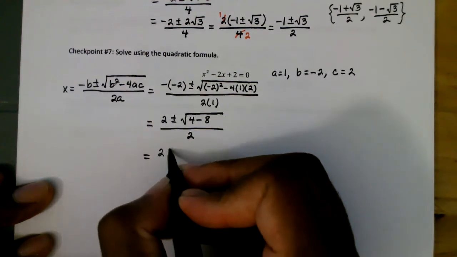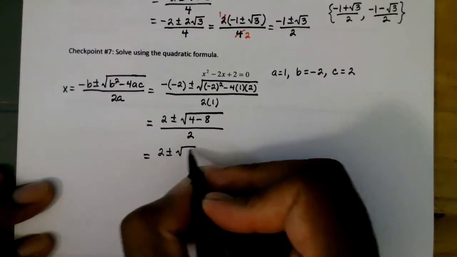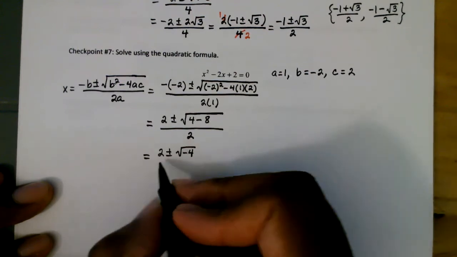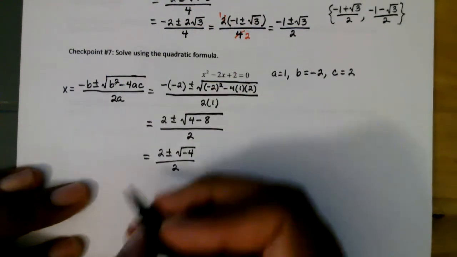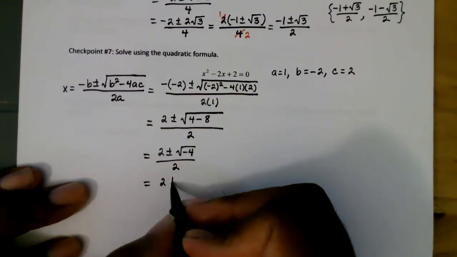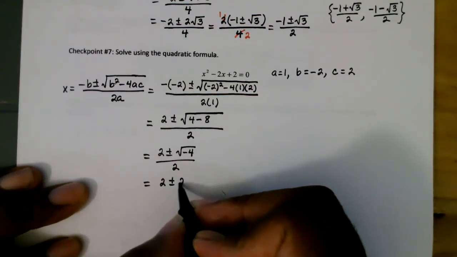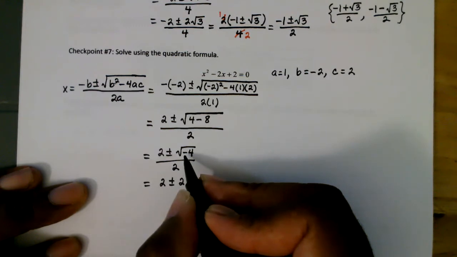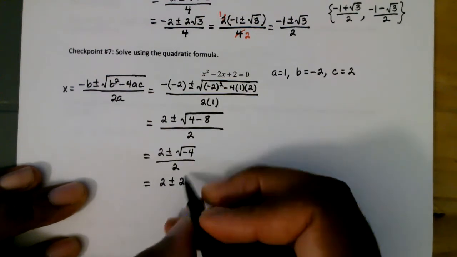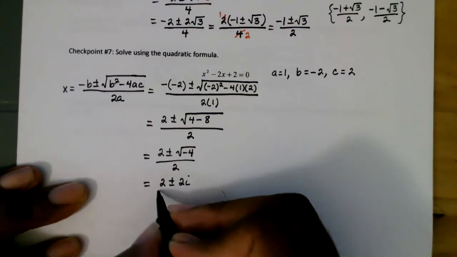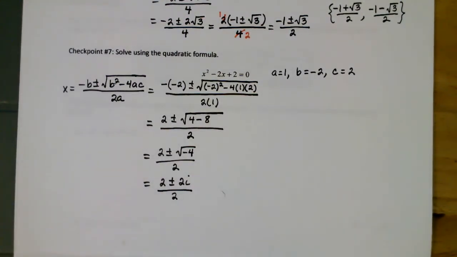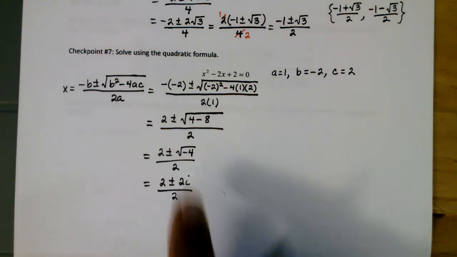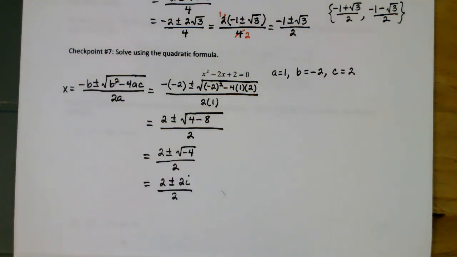So this will be 2 plus or minus the square root of negative 4 all over 2. And if I take the square root of 4, that's 2, and the square root of a negative 1, which is underneath that radical, that has to be i, all over 2. Keep in mind, anytime you've got a negative underneath the square root, the i comes out.